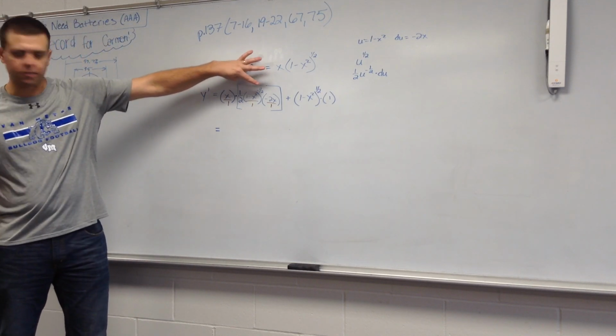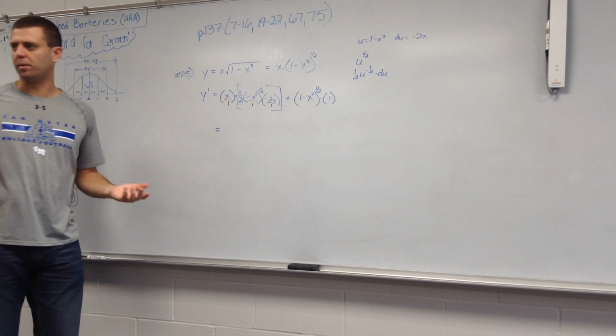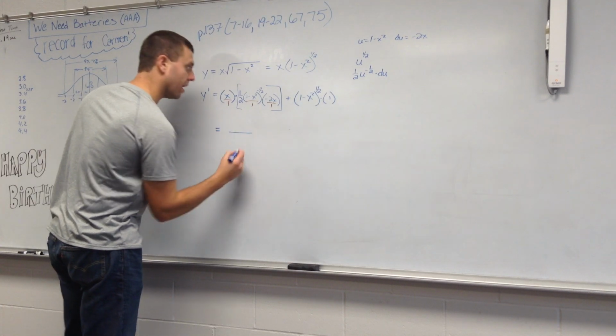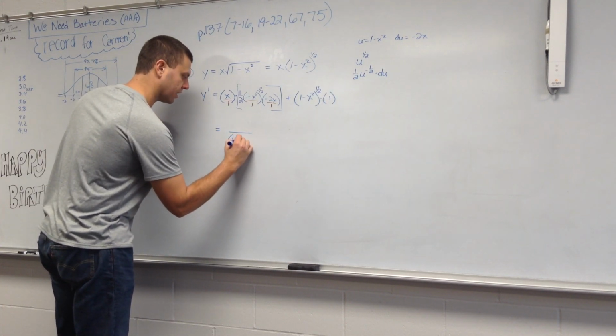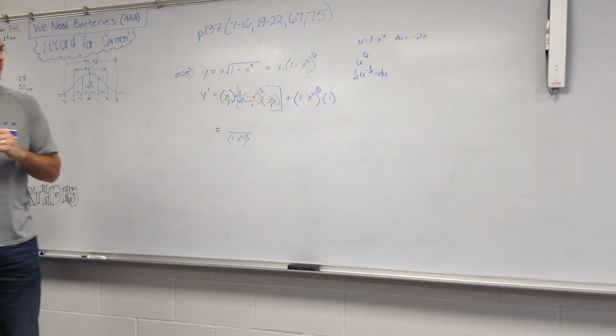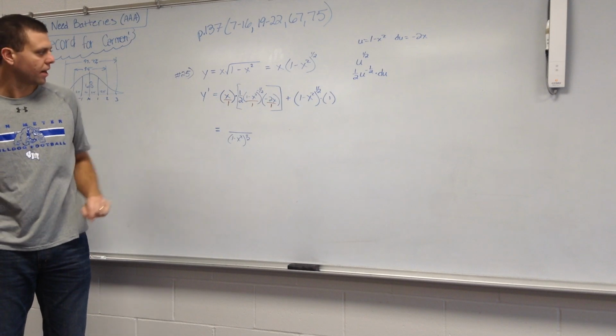This is a negative exponent, so I move it to the bottom side of the fraction, where the exponent becomes positive. So I'll have 1 minus x squared to the positive 1/2 down here.